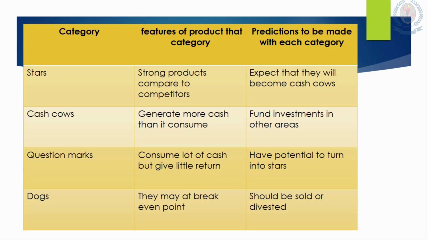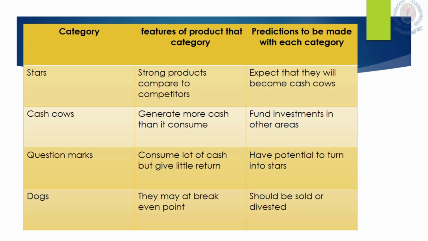In cash cows, we identify product lines where the relative market share is high, but the market growth rate is low when compared with our other product lines. Then it is a cash cow.